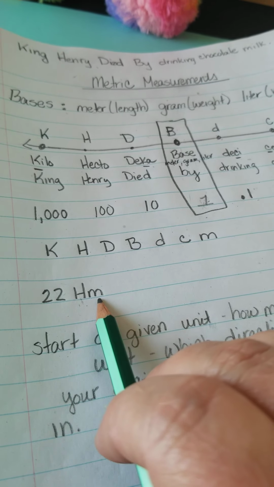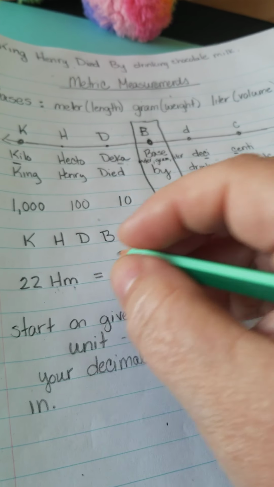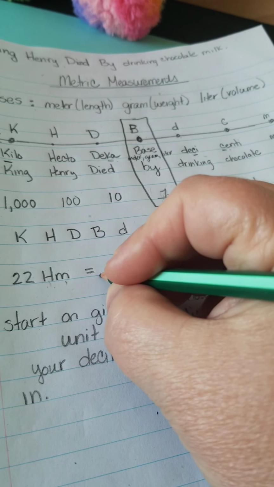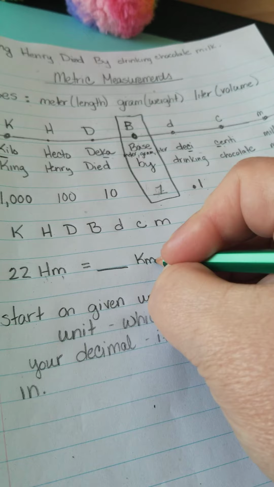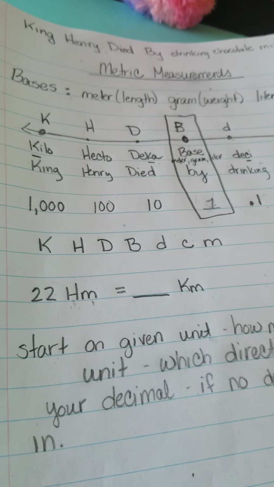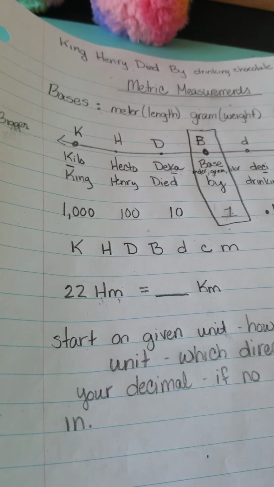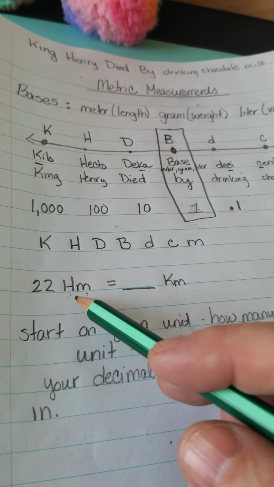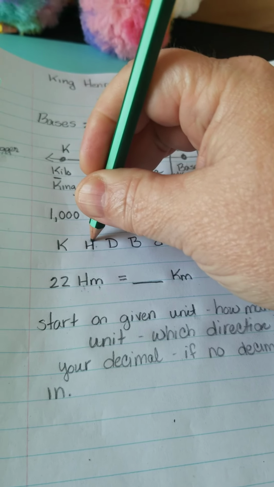Okay. Hectometer. But I want to know how many kilometers there are in 22 hectometers. All right. So this is how we do it. Start on the given unit. Our given unit is hectometer. Right here. Okay.